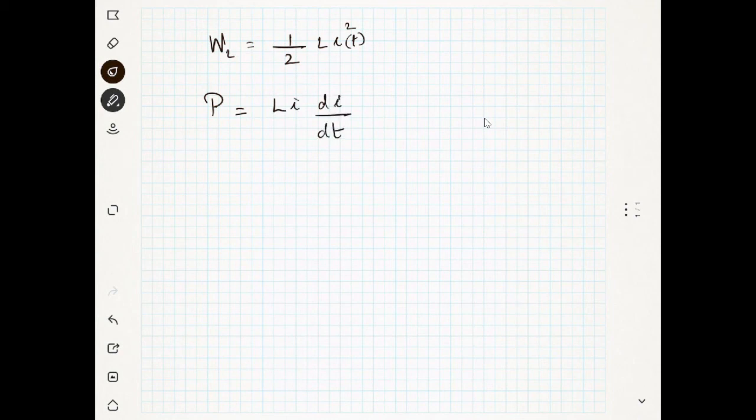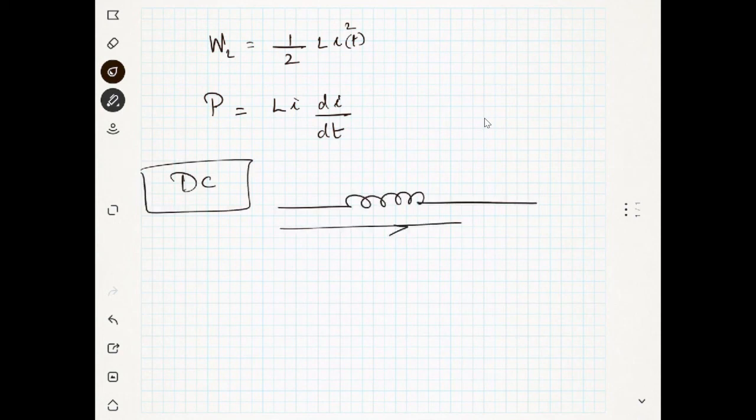Now, if you pass a DC through the inductor, what is the power consumed? Yes, the power is equal to 0, because in DC, di by dt is equal to 0 and the power is equal to 0.